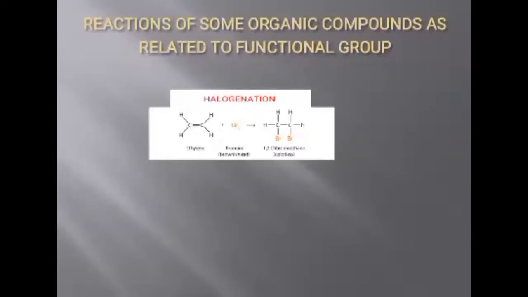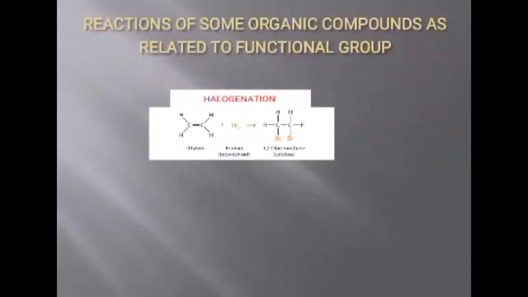That is to say that the bromine has reacted with the double bond by breaking one of the bonds, then attaching itself to the compound, forming a saturated compound, which in this case is 1,2-dibromoethane.